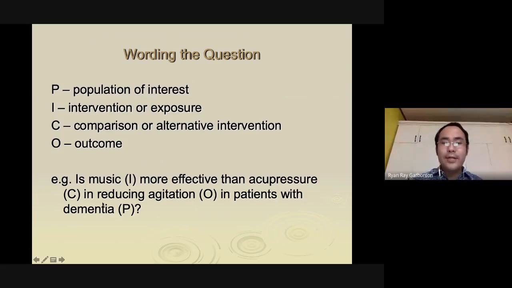So let's take this example. Is music more effective than acupressure in reducing agitation in patients with dementia?